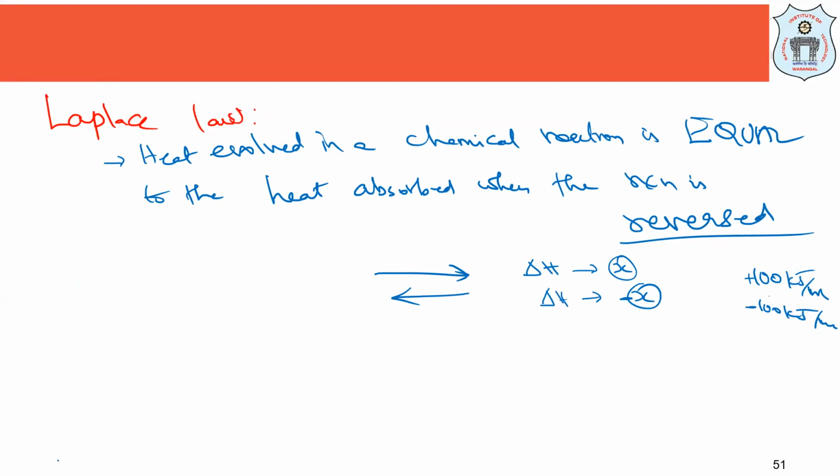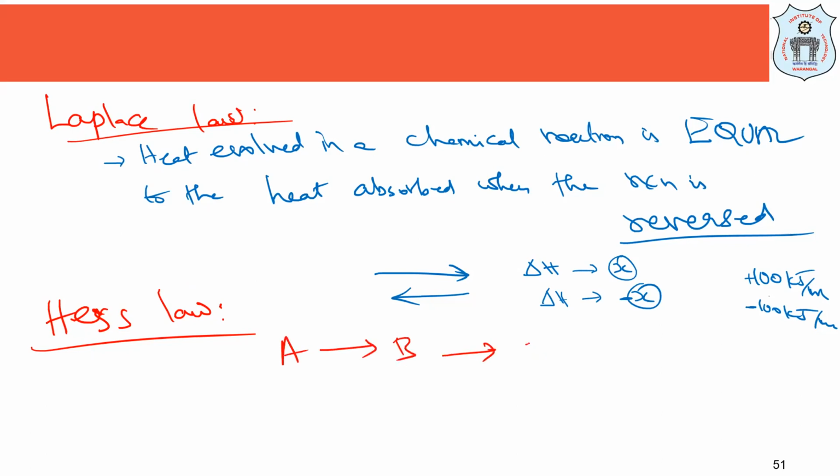Okay, so then we have Hess law. It's very important. We will be making use of this. Hess law states that if A is forming B, B is forming C, and C is forming D, then if A is directly formed as D, let delta H for this reaction be equal to Q. For the multi-step reaction, the heats are Q1, Q2 and Q3.